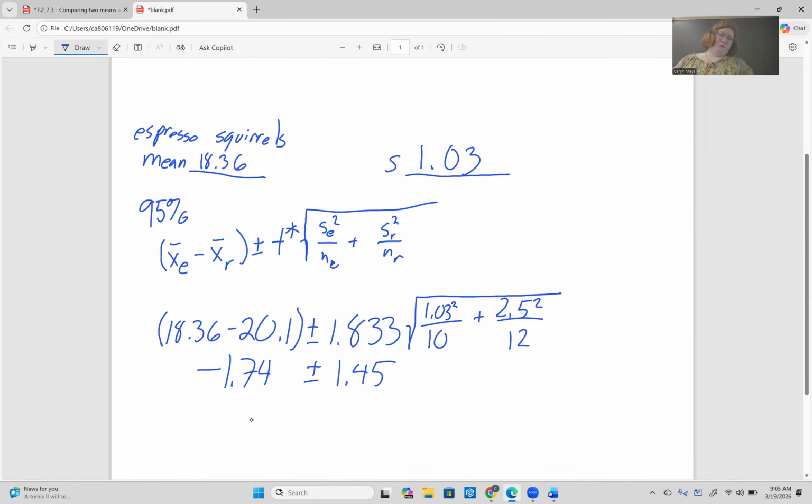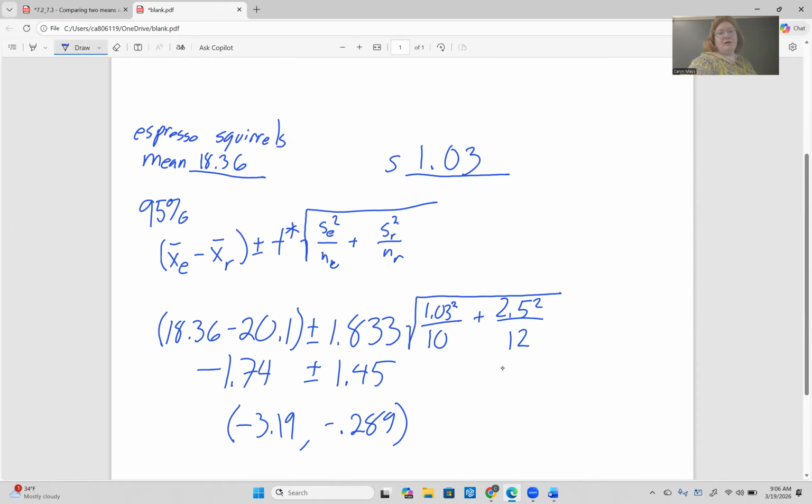And so negative 1.74 plus 1.45 is negative 0.289. And then negative 1.74 minus 1.45 is negative 3.19. Okay, there's our confidence interval.